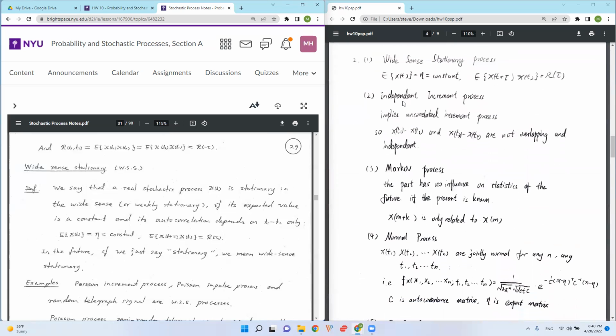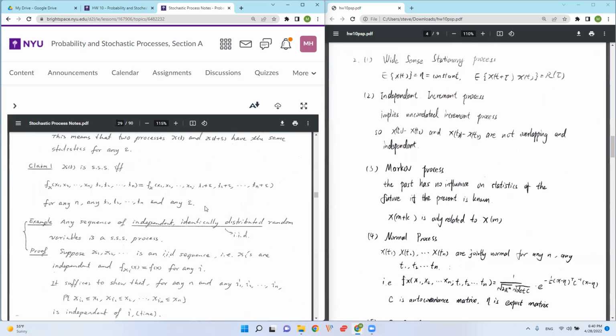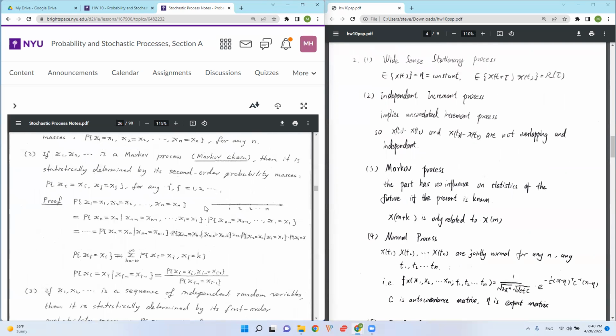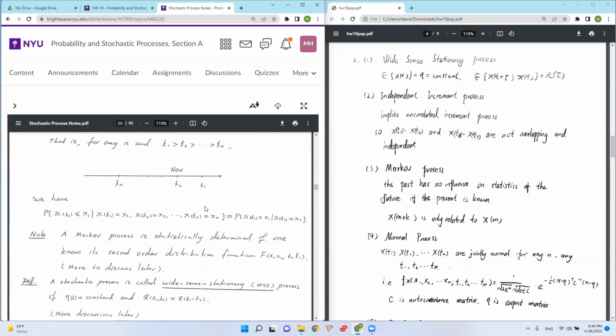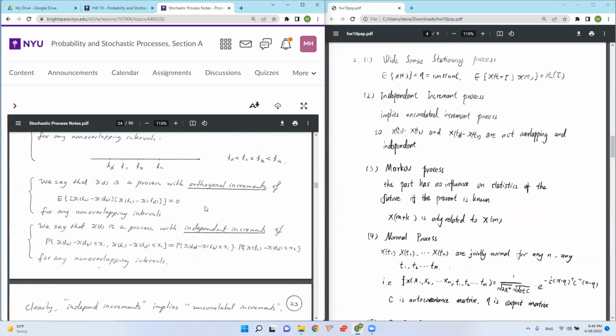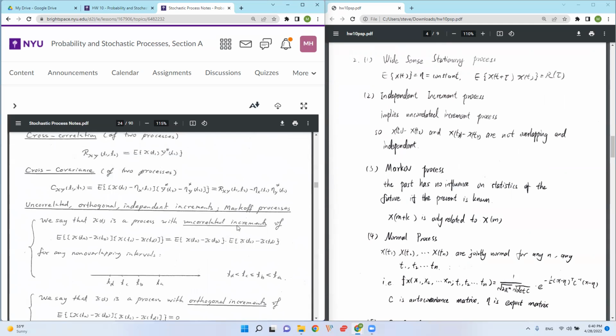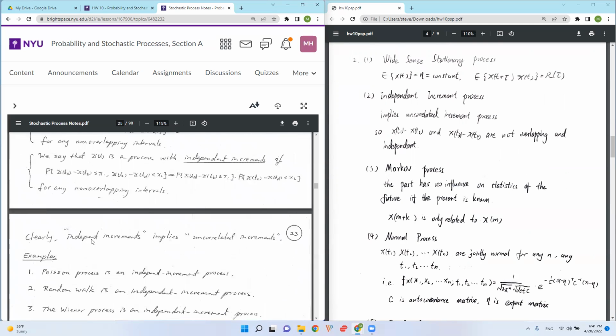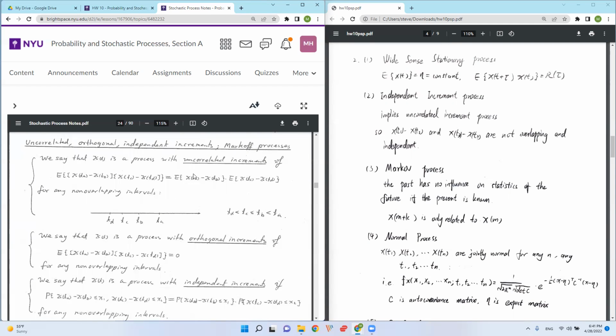The next one would be the independent increment process, which is found in here. Independent increments implies uncorrelated increments, and uncorrelated increments is defined over here.